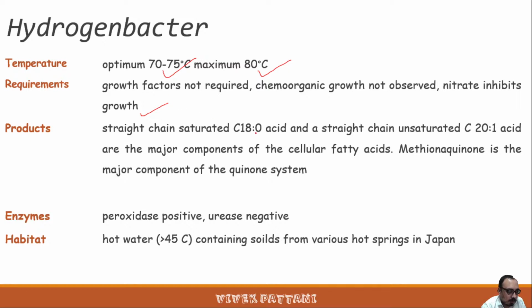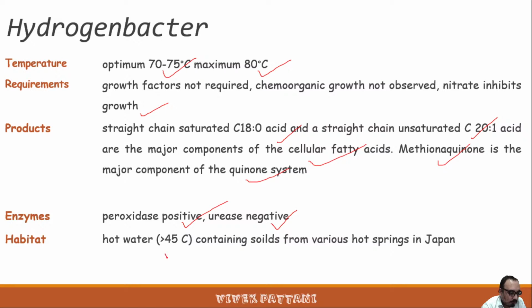Straight chain saturated fatty acids such as 18 carbon chain acids and straight chain unsaturated 20 carbon acids are the major components of the cellular fatty acids. Menaquinone is the major component of the quinone system. Peroxidase positive and urease negative.